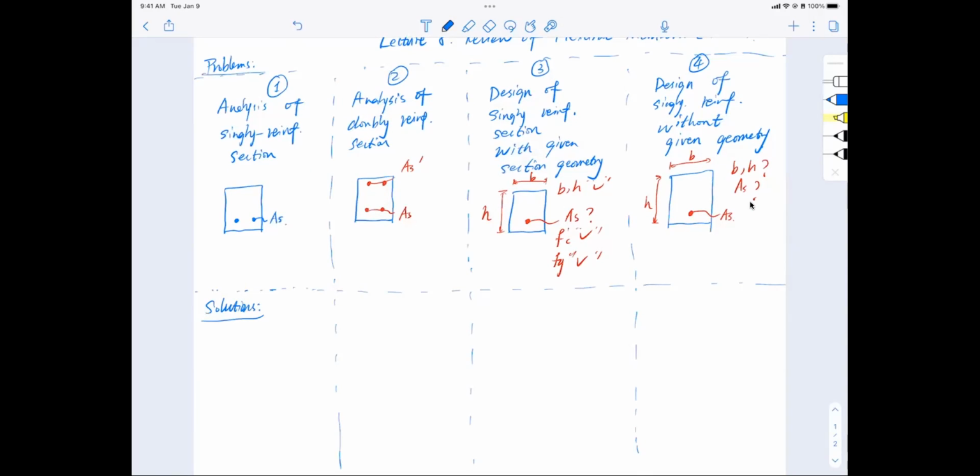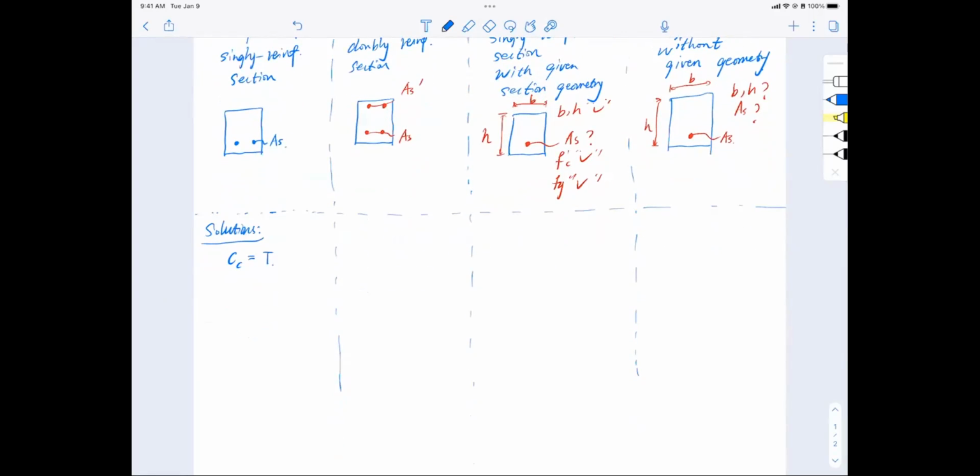Right. So for the first problem, it's analysis. Where do we start? For analysis, we start from compression from the concrete equal to tension. So I'm just going to put equation down here. We know that the compression Cc equal to 0.85 f'c a b, and a is the effective compressive zone that is equal to beta 1 c.